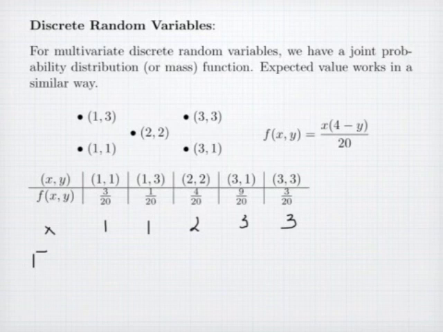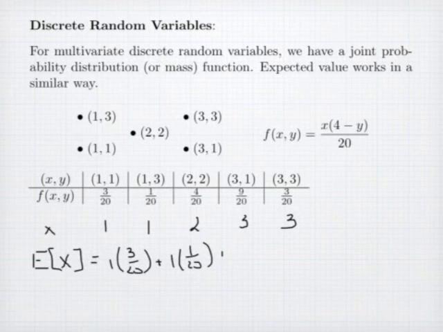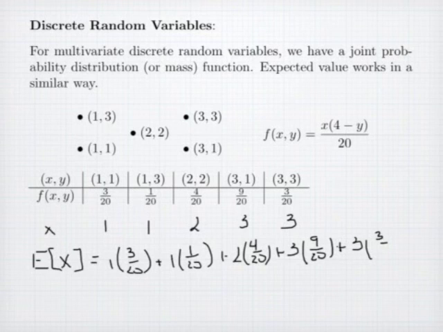And so if I want to calculate an expected value, I would take those values times their probabilities. 1 times 3/20, 1 times 1/20, 2 times 4/20, better slow down, 3 times 9/20, and 3 times 3/20.